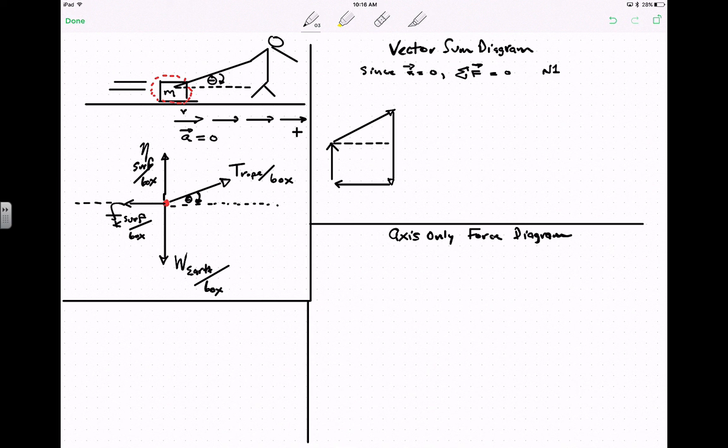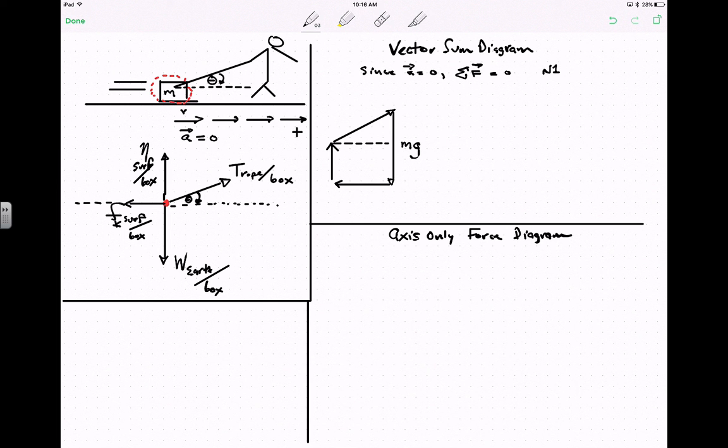Then I'm going to label my vectors. Now, what can I replace weight with? Everybody yelled it out. Replace weight with what? Mass times g.